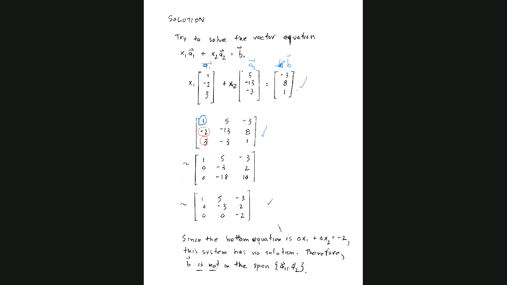Well, we said let's take 2 times the first row and add it to the second row, and replace the second row with that result.